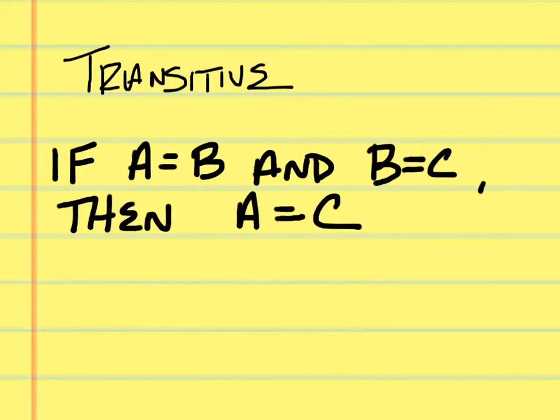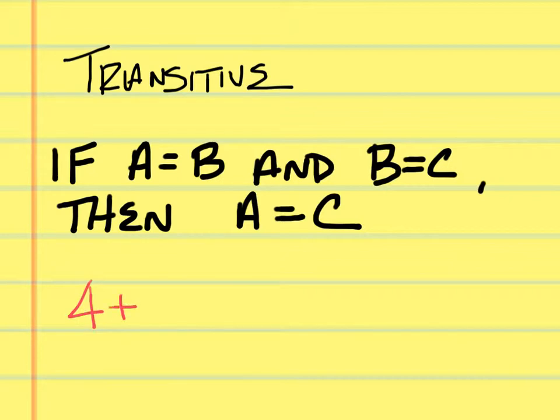The transitive property. If A equals B and B equals C, then A equals C. It's the same thing as this.